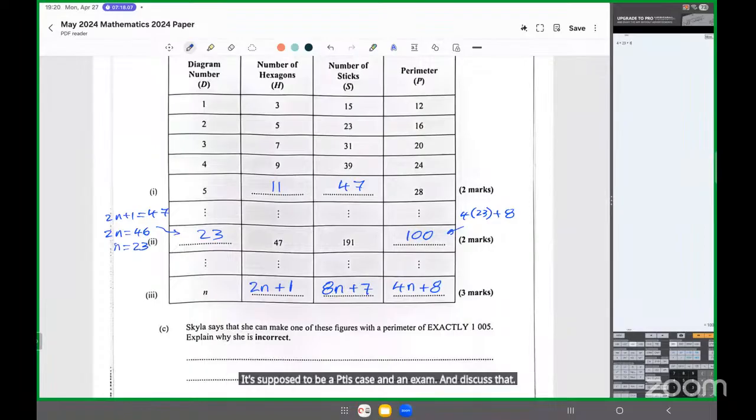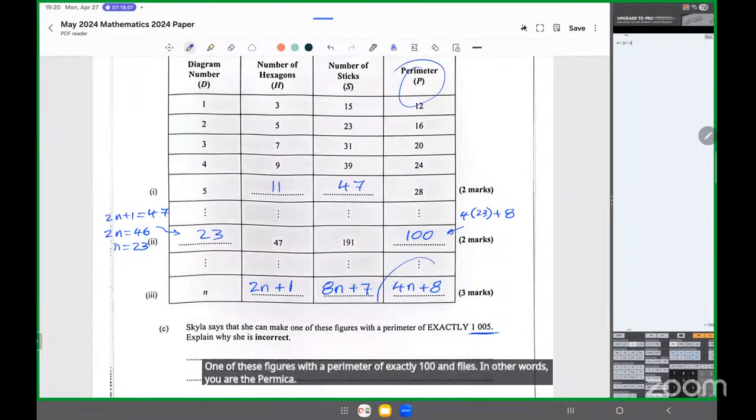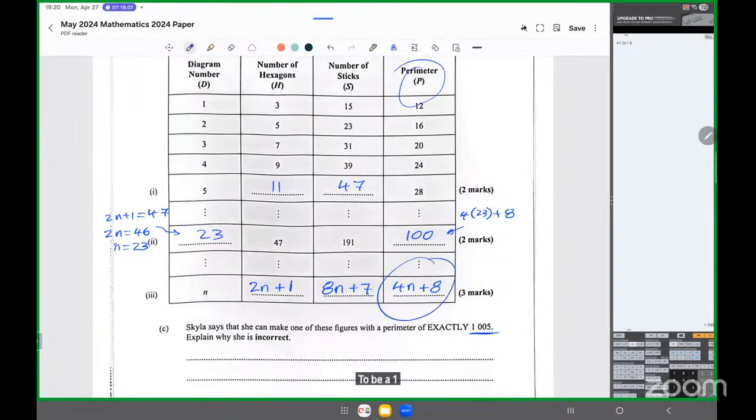It says, Skylar says she can make one of these figures with a perimeter of exactly 1005. Explain why she is incorrect.